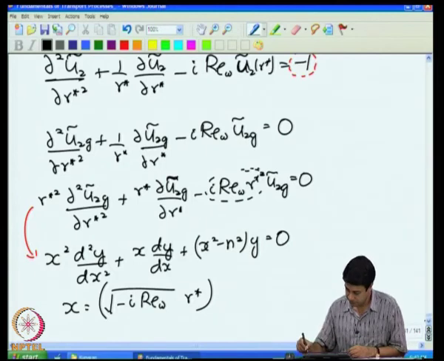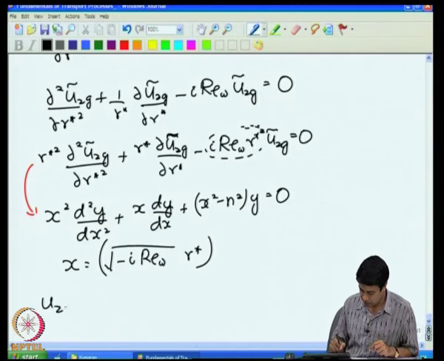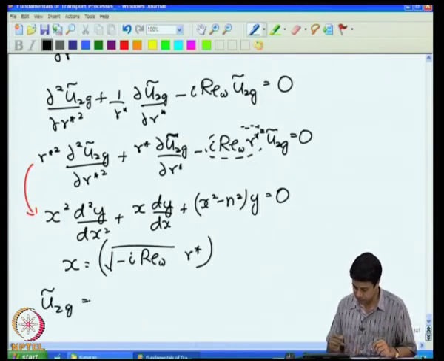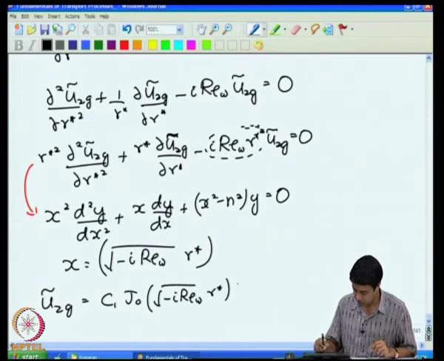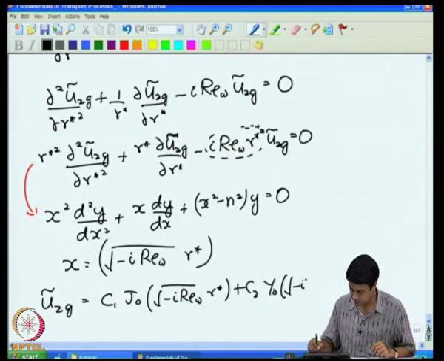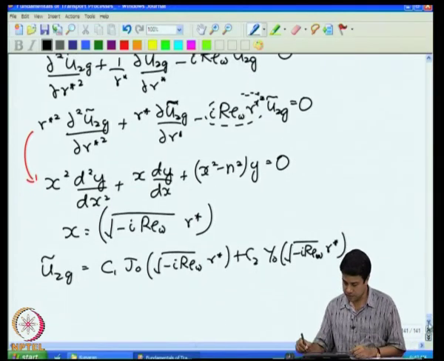So, the solution of this is of the form u z general is equal to C 1 J naught of square root of minus I Re omega r star plus C 2 Y naught of the same argument. That is the most general form of the general solution.